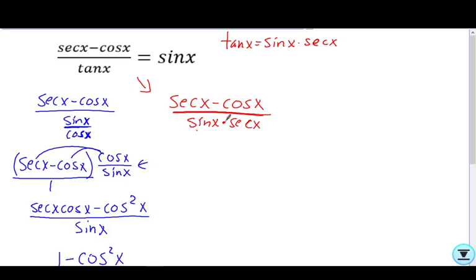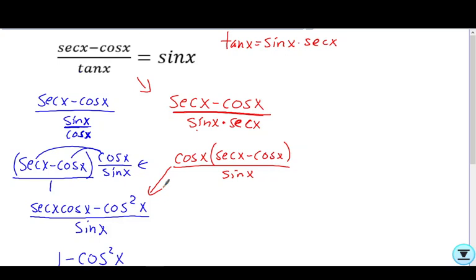Now, since these two things are being multiplied, you could have just multiplied by the reciprocal of secant, so that would have been cosine x times secant x minus cosine x over sine x, which would have saved you a couple of steps, because you basically would be at this point now. You multiply the cosine in, and you could do it that way.